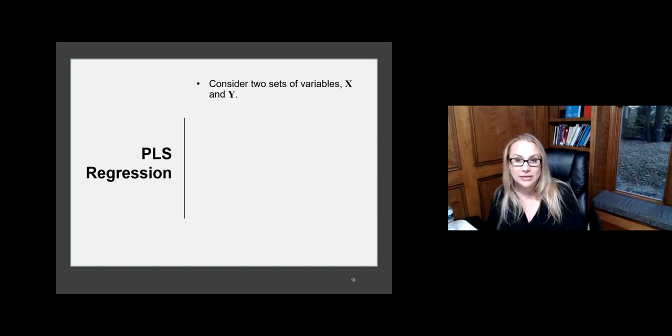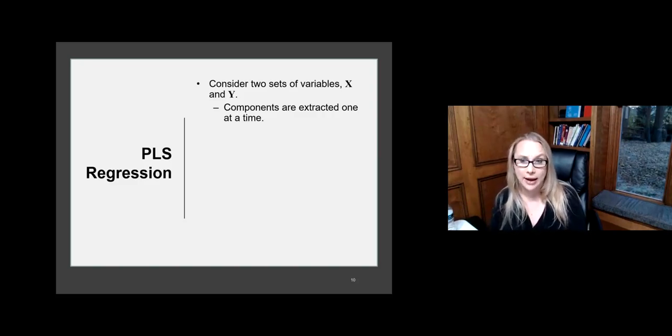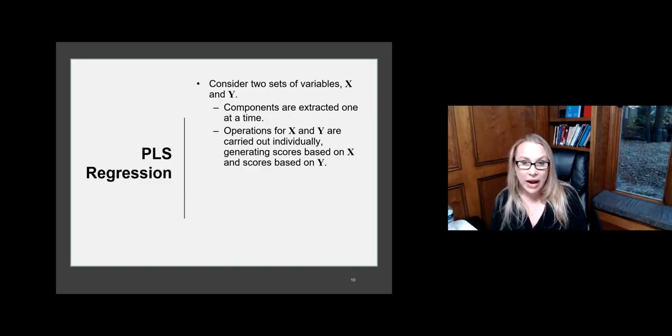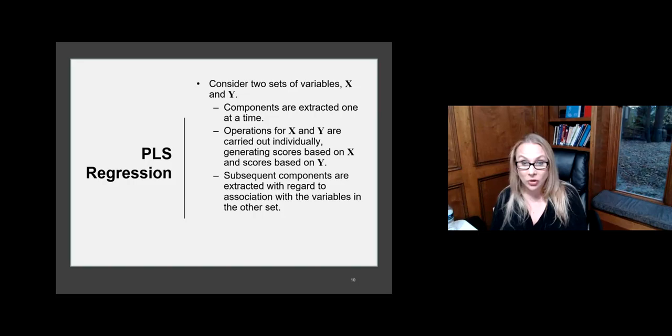PLS regression considers two sets of variables like X and Y, and the components are extracted one at a time. The operations for X and Y are carried out individually, generating scores based on X and scores based on Y. Again, it considers both your X and your Y, and subsequent components are extracted with regard to association with the variables in the other set.